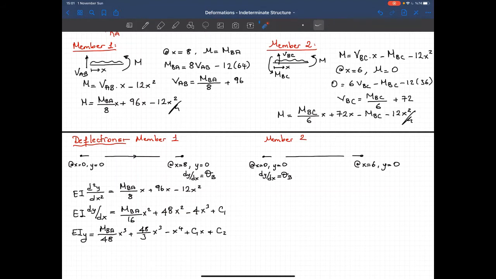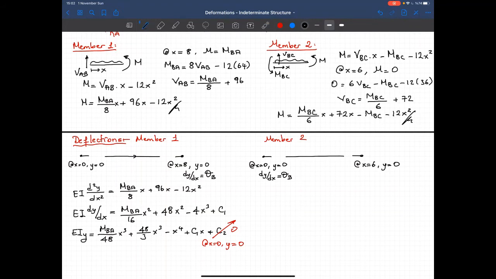Now I can use this boundary condition, and this boundary condition tells me that at x equal to 0, y is equal to 0. Now I have to calculate what C1 is, so I will use this boundary condition for it.